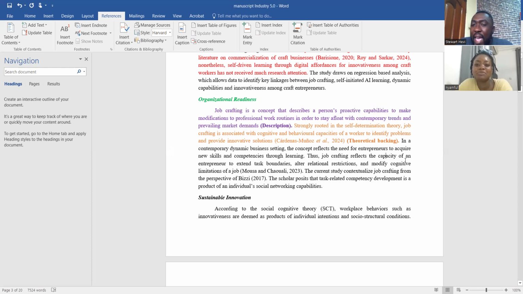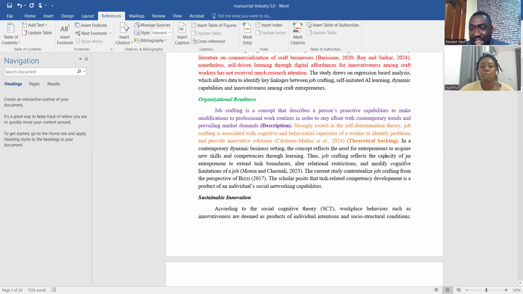So that is where we are now in terms of recency of that particular work. Okay. Then it continues. So our third statement does not end there. It continues. So thus, job crafting reflects the capacity of an entrepreneur to extend task boundaries, alter relational restrictions, and modify cognitive limitations of a job.